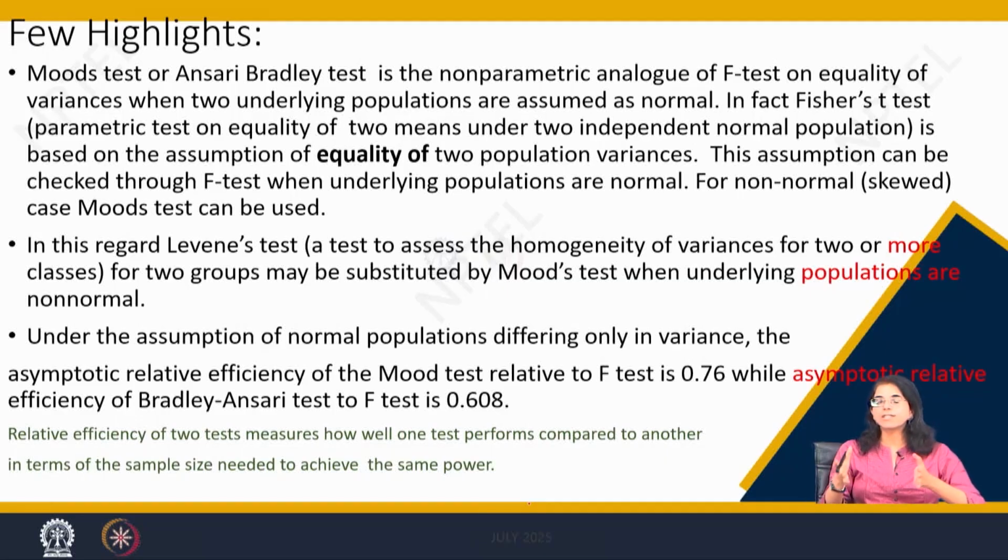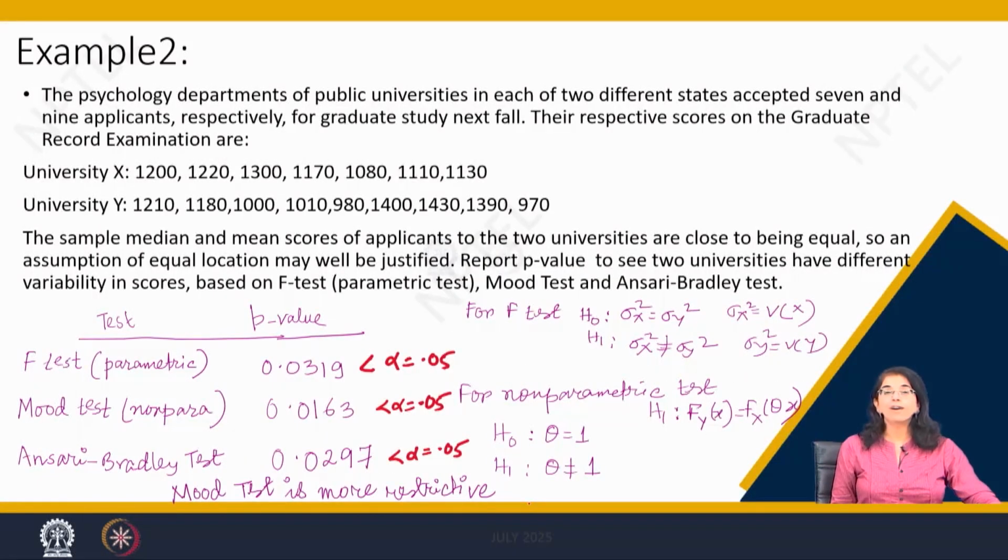But in case your populations are not normal, then Ansari-Bradley test will be more efficient.